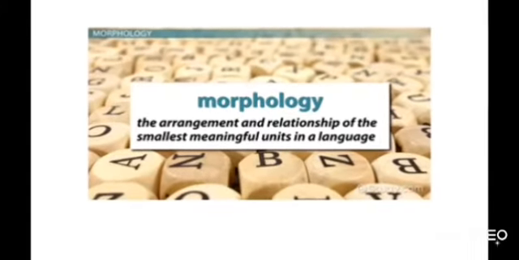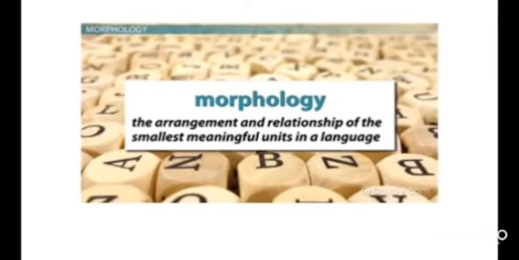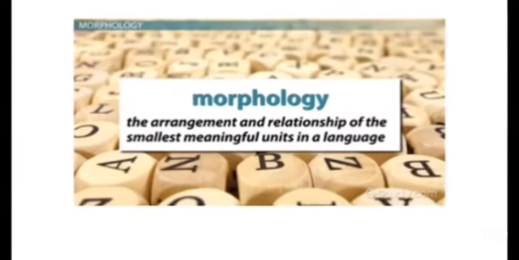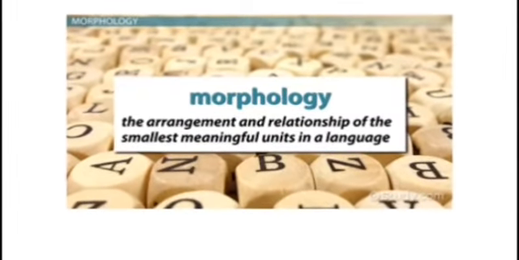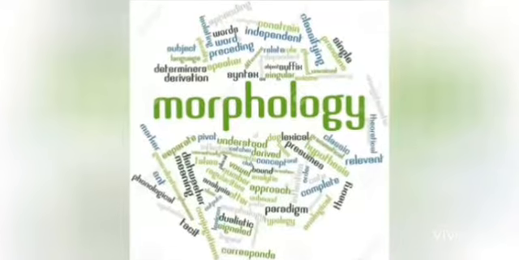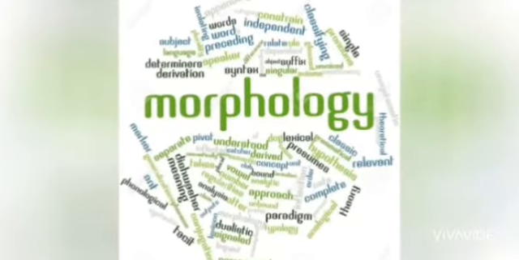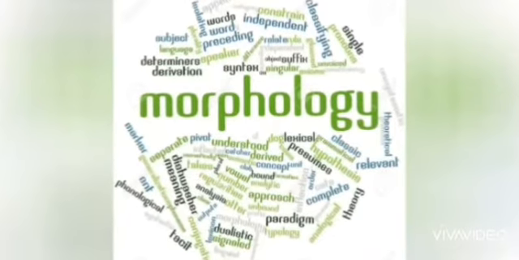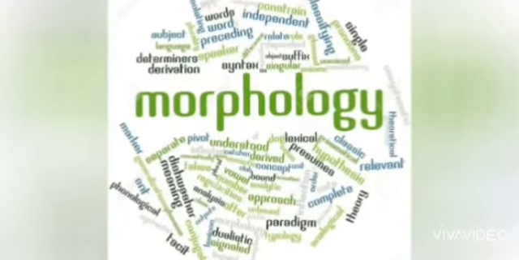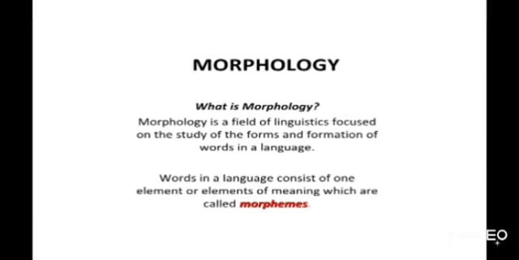Now, talking about morphology. What is morphology? It's the study of word formation, including the ways new words are coined in the language and the way forms of words are varied depending on how they're used in sentences.